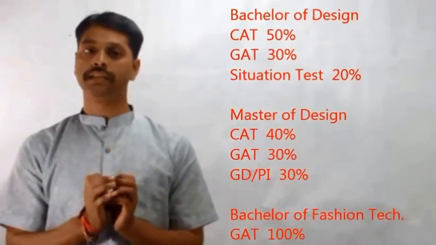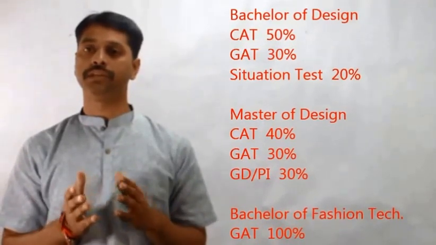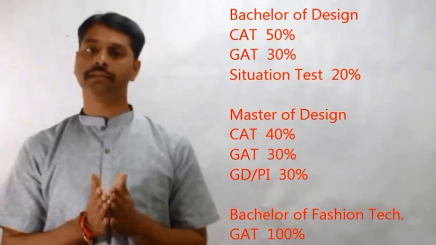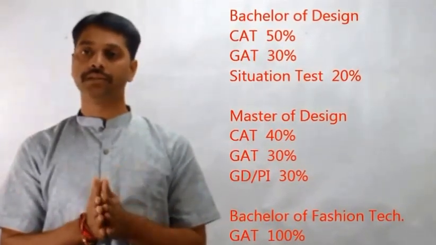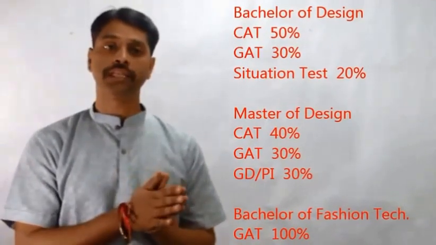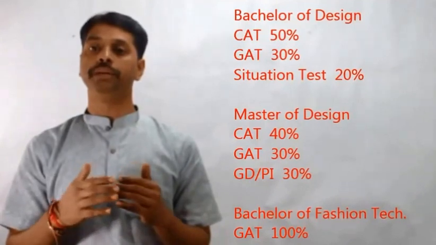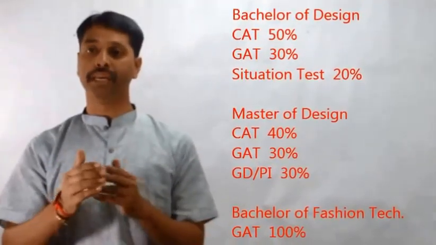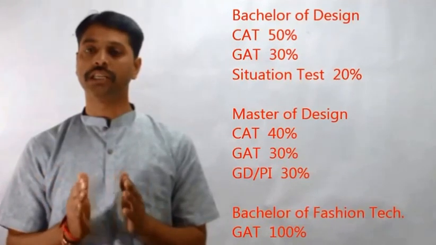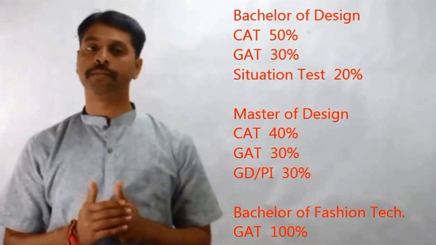For Bachelor in Design, creative aptitude test and graduate aptitude test plus studio test. For Master in Design, creative aptitude test, graduate aptitude test, and there is no studio test, but in place of that GDPI. For BFTech, there is no creative aptitude test, PI or studio test, only GAT, 100% of the marks will be based on your GAT exam.